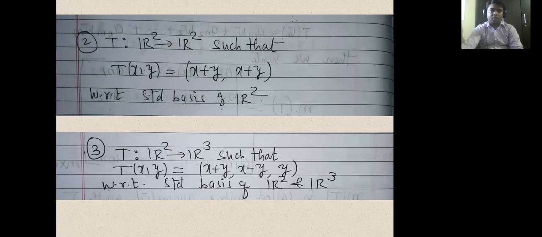This is homework. The third is R2 to R3 with the given definition, with the standard basis of R2 and the standard basis of R3. Fix them and find the matrix. This will also be homework for you.